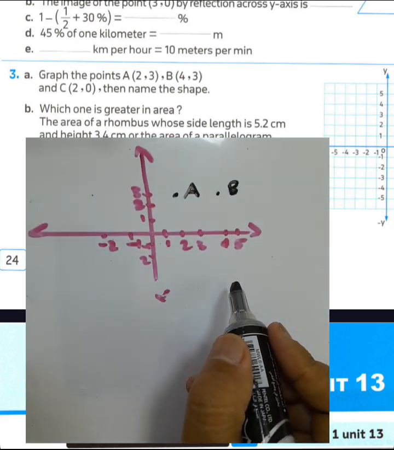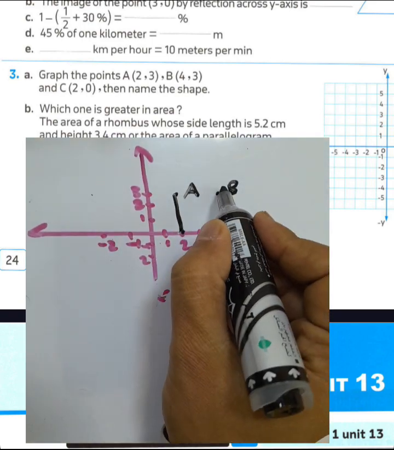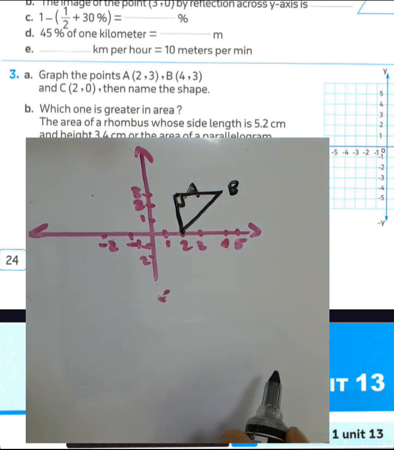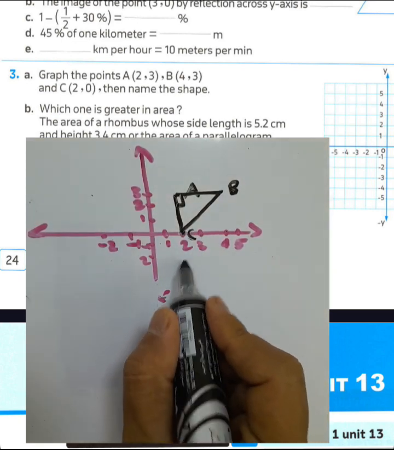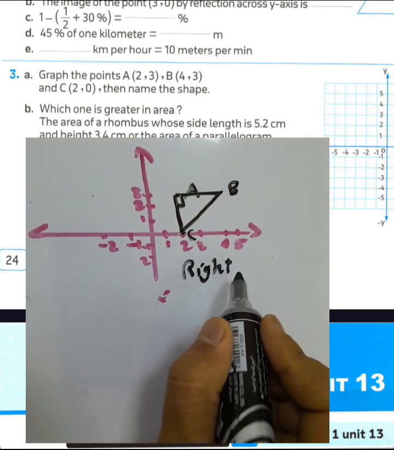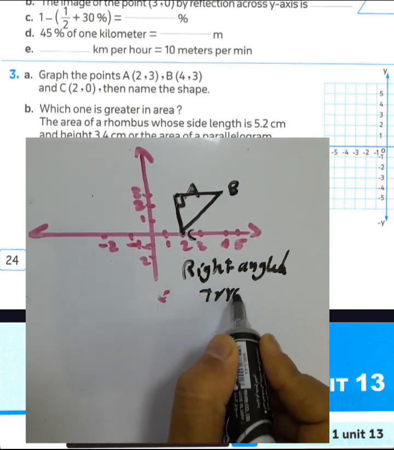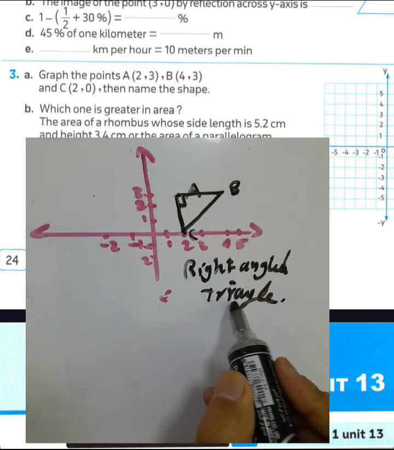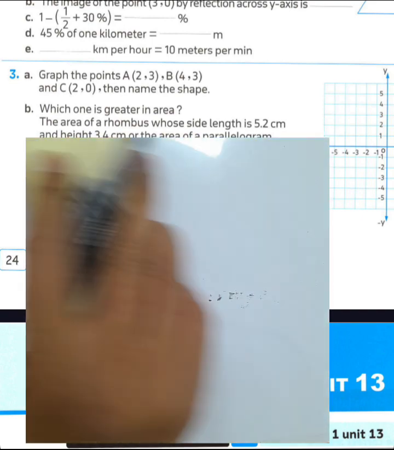Point C is (2, 0). We have a right angle triangle, ABC. You can write triangle only, or right angle triangle.